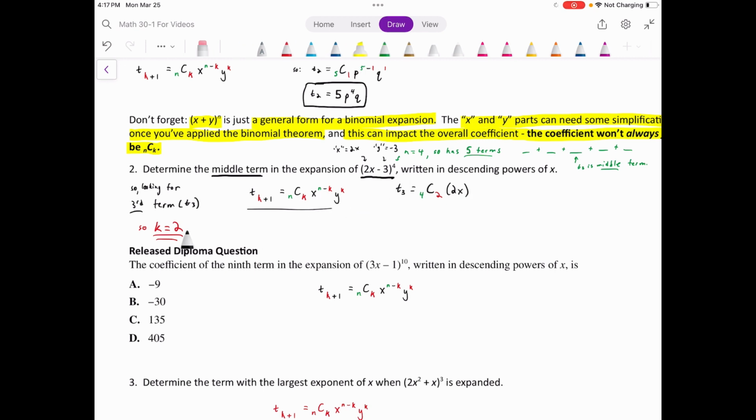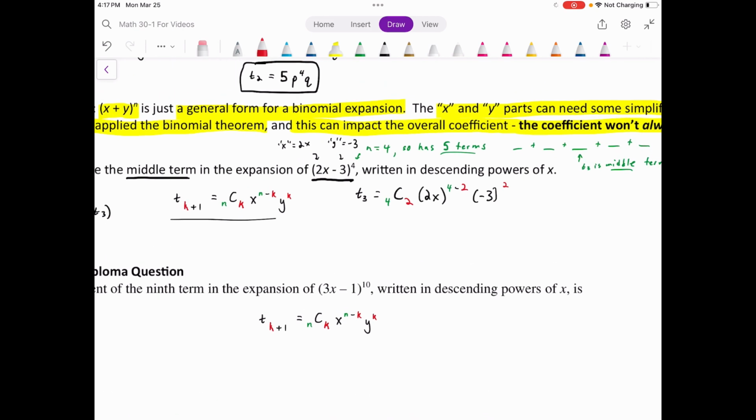So 4 minus 2, which is 2, I'm sure you can figure out, but let's just write it in to show our substitution here. Times our y, the second term, which here is -3, to the power of just k, and k is 2. And there we go. Now all that's left to do is make sure we simplify this correctly.